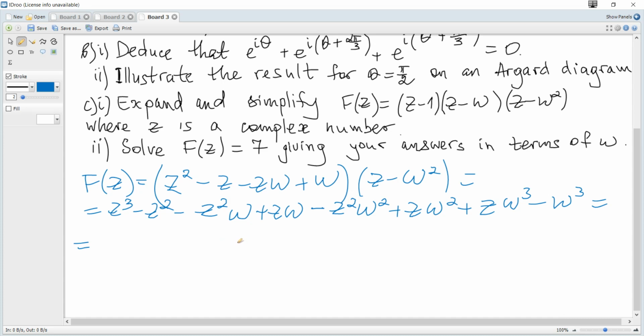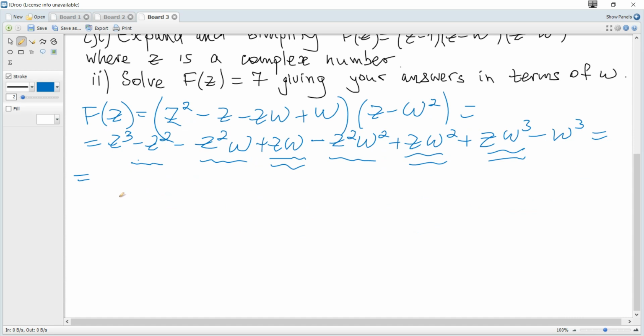and we can see here like terms. Not actually like terms, but there are terms with z squared and with just z.